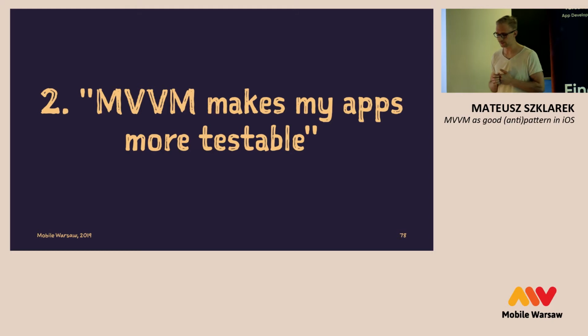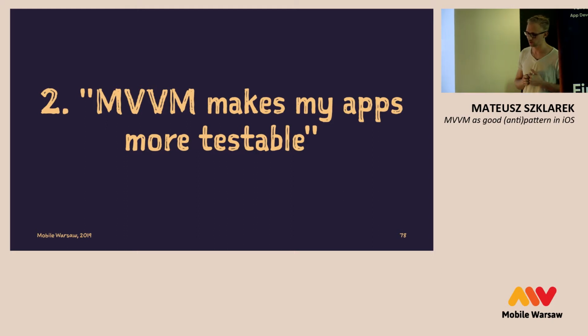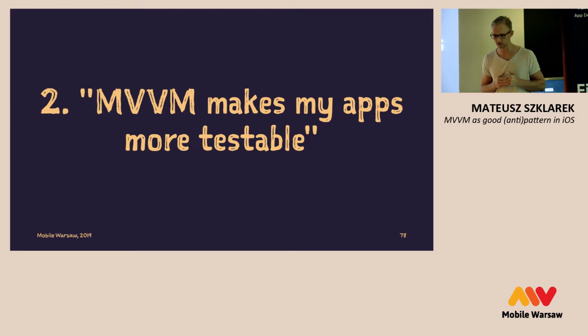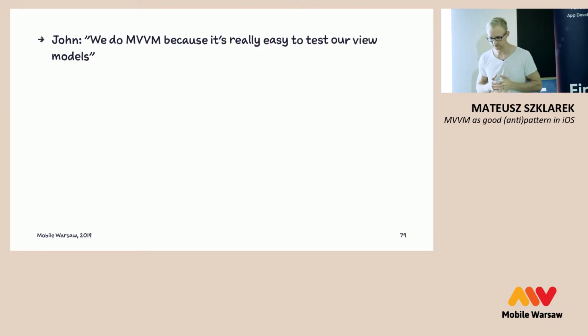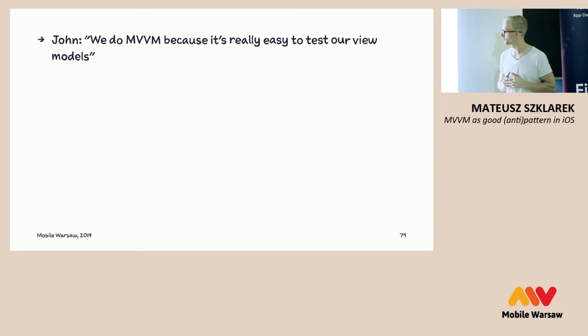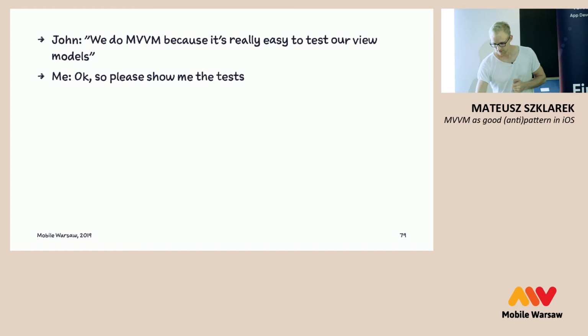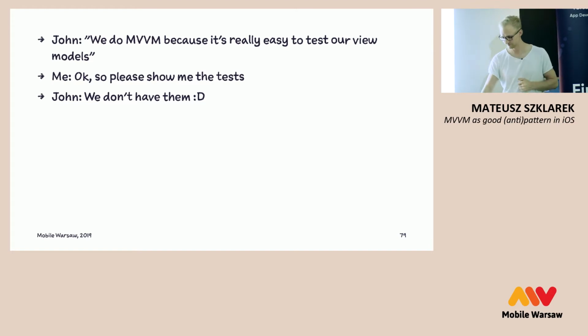When I recall this argument, it makes me laugh because of one situation which happened in one of my projects. Let's recall this together. Okay, John, we do MVVM because it's really easy to test our view models. Okay, so please show me the tests. We don't have them. Why?